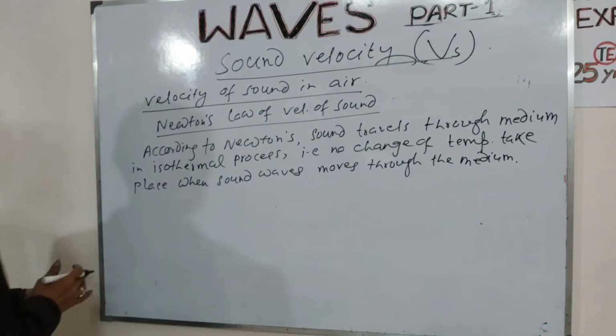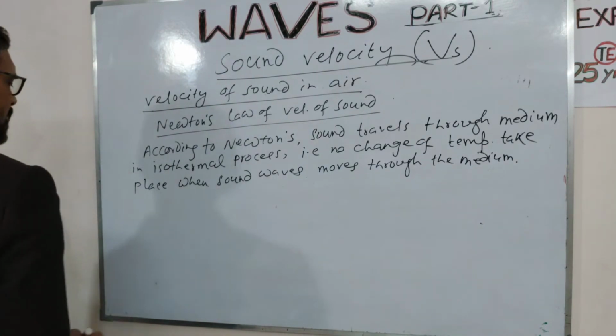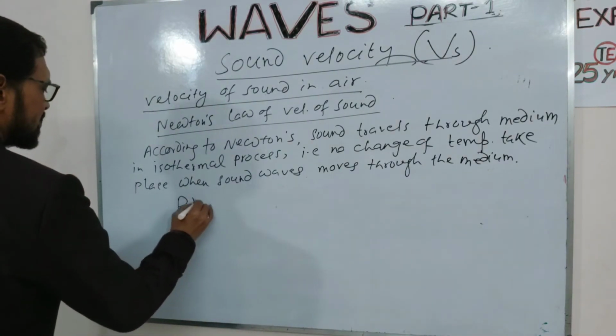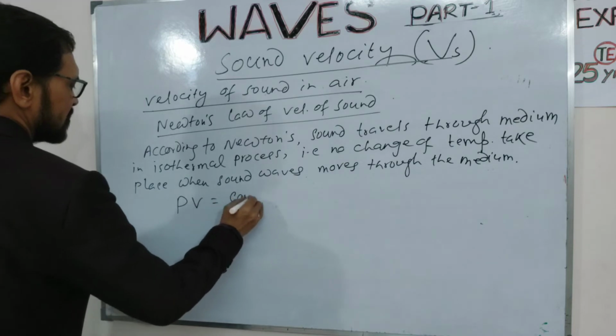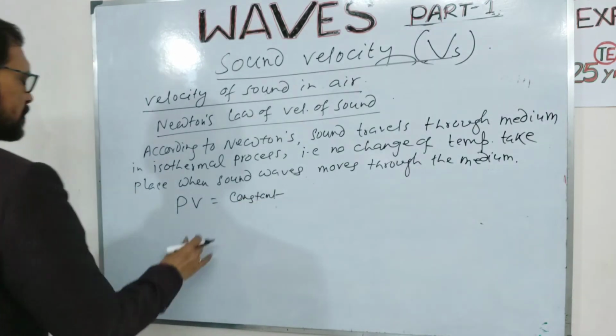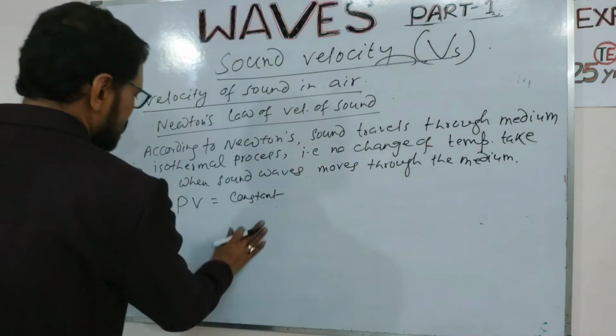So in an isothermal process, the gas equation is PV equal to constant. PV equals nRT is the gas equation, T is constant.